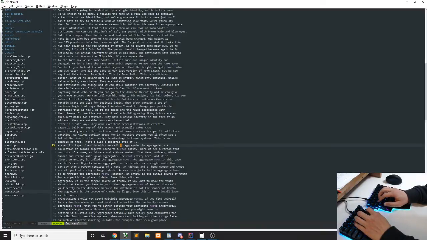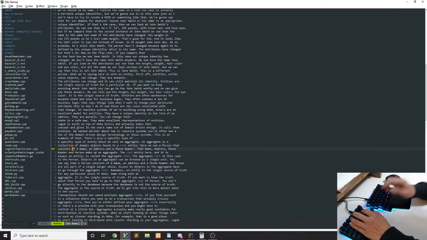An aggregate is a collection of domain objects bound to a root entity. Here we see a person that consists of a name, an address, and a phone number. That name, address, and phone number and the person make up an aggregate, the root entity here, and it is always an entity.